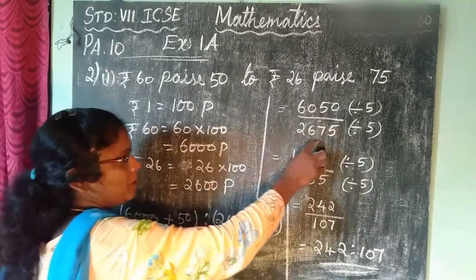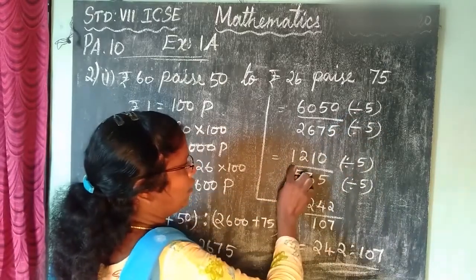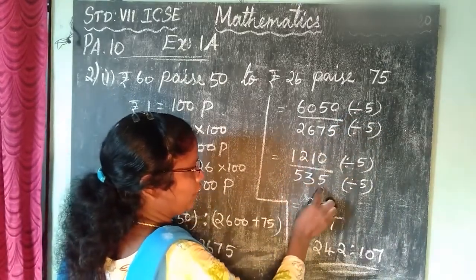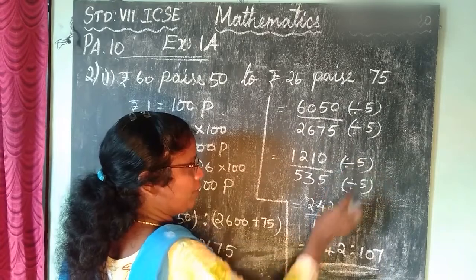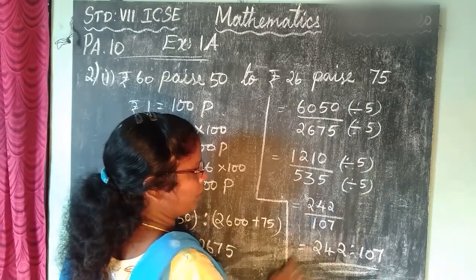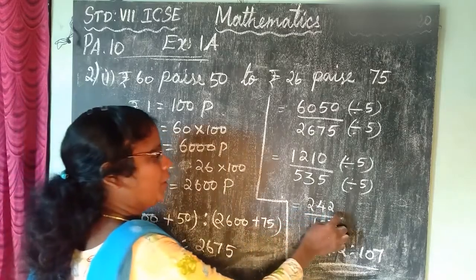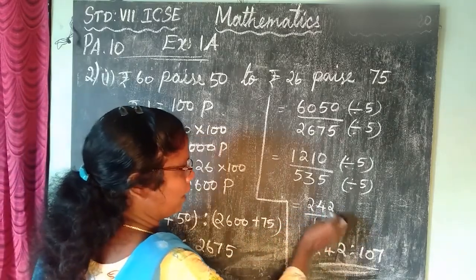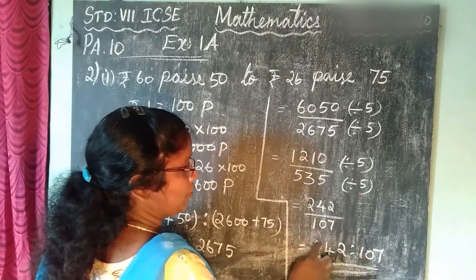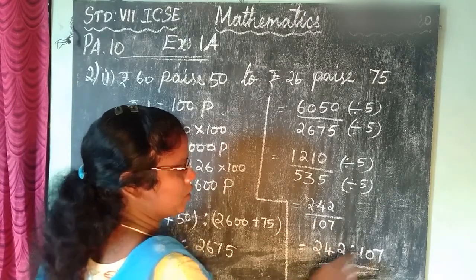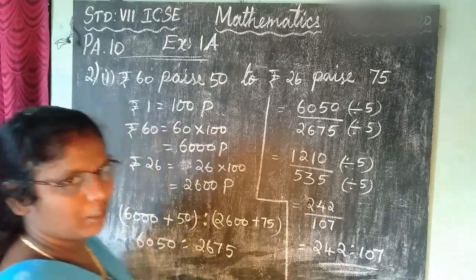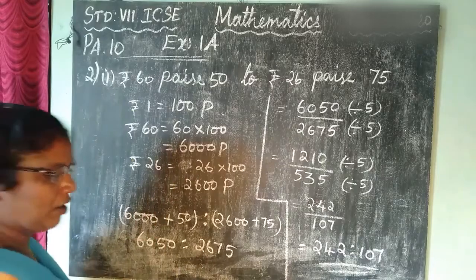Now I am reducing it, dividing by 5. I get 1210 by 535. Again I am reducing, dividing by 5. I am getting 242 by 107. Since I don't have any common between 242 and 107, I am writing it as the answer. My simplest ratio is 242 is to 107. Understood, children?